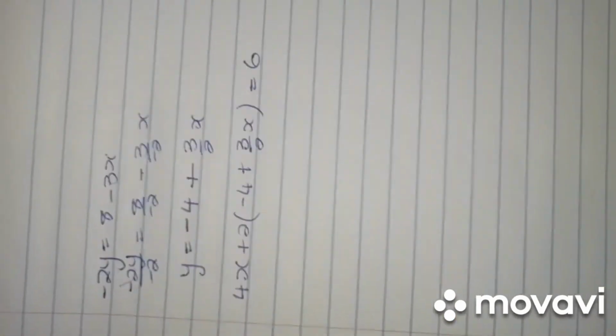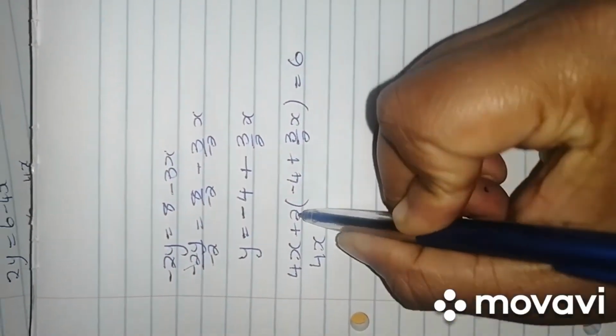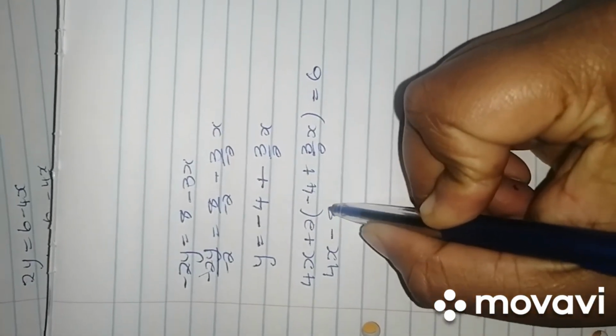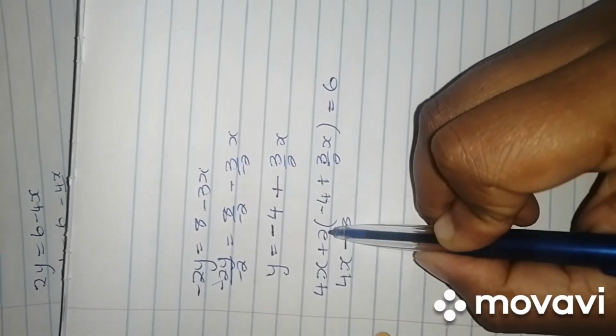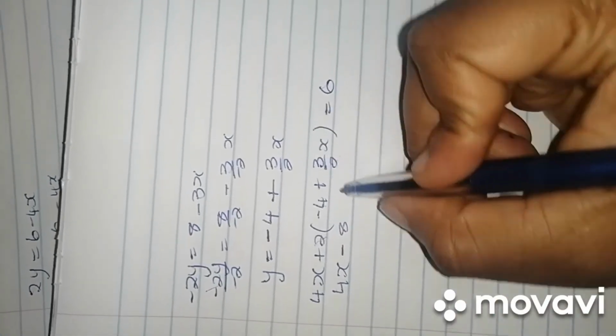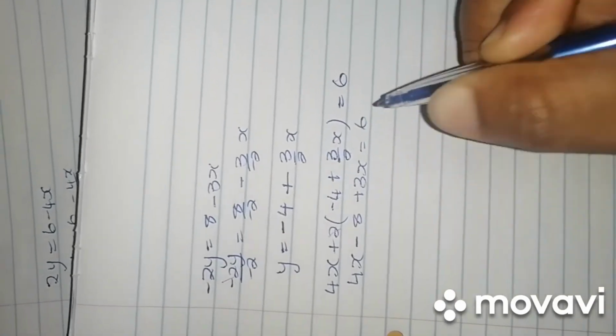Hopefully we're still together. Then we're having 4x, 2 times minus 4 is minus 8, and 2 times 3 over 2x. This 2 divided by this 2, then we'll be left with 3x, is equal to 6.